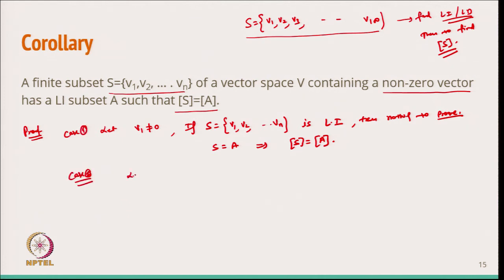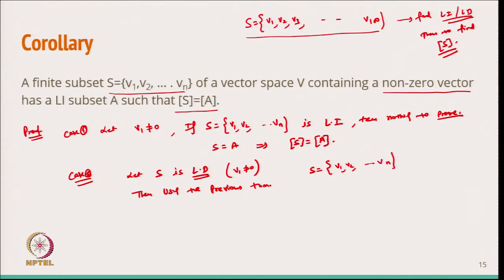Case 2: S is linearly dependent, LD, and V1 we have taken that not equal to 0. Then, using the previous theorem, we have a set S = {V1, V2, ..., Vn}.